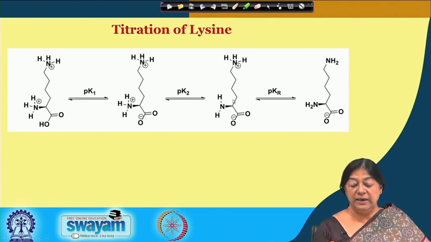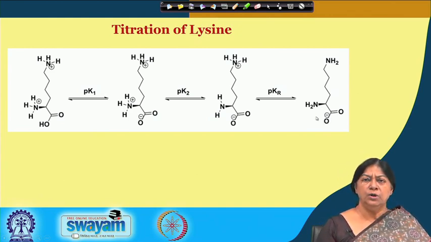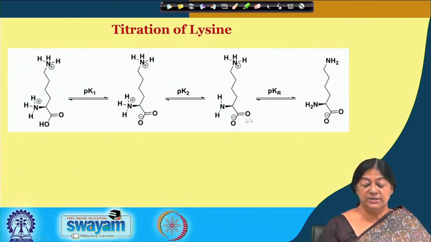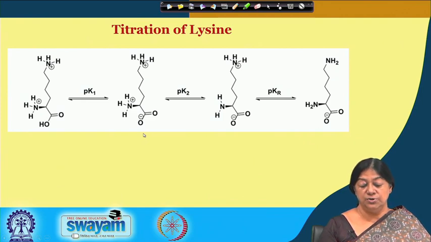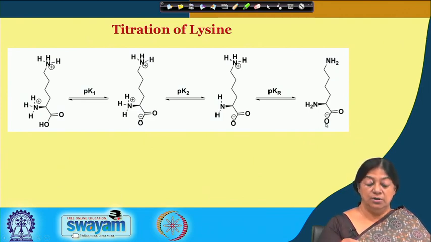When we go to pKr now, the loss of the side chain proton is going to make this -1. What are we interested in? We are interested in charge changes from +1 to 0 to -1. So, what is the charge here? +1. What is the charge here? 0.